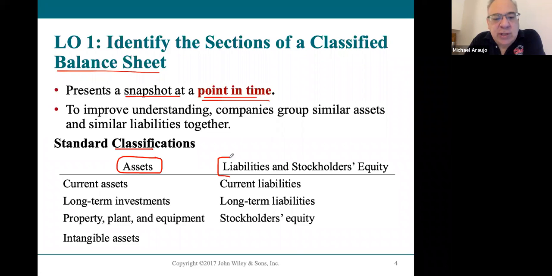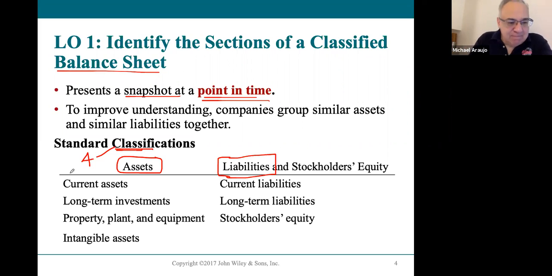The good news is only liabilities are classified. Stockholders' equity is not. So let's begin with assets. Assets are actually broken into 4 different classifications. Okay, and there's reasons why they are classified in that way, and you're going to learn that today.